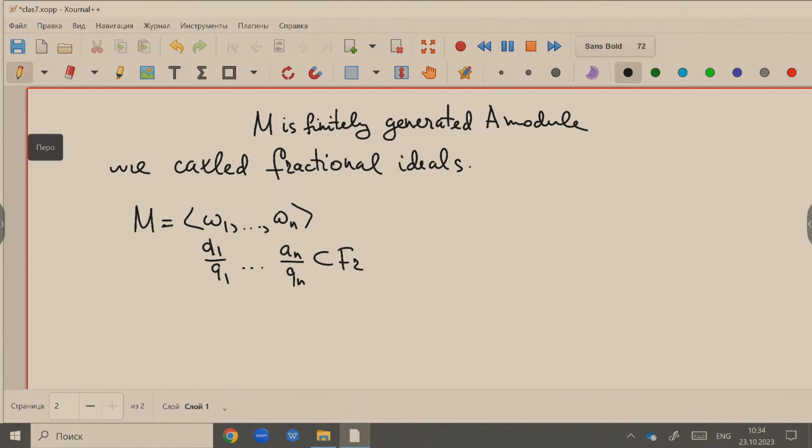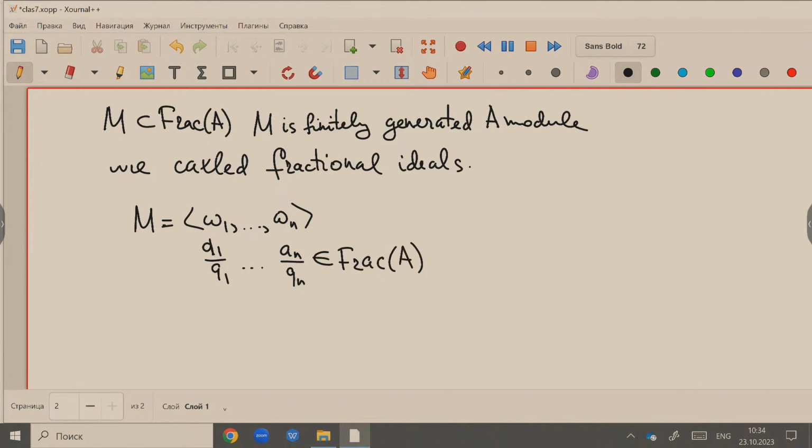So you start with M in the fraction field of A, a finitely generated module in the fraction field of A, and these are elements of the fraction field.